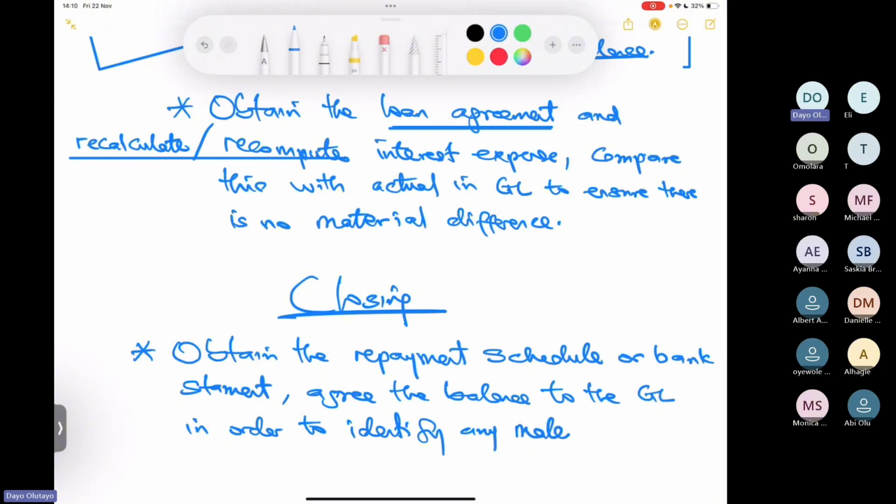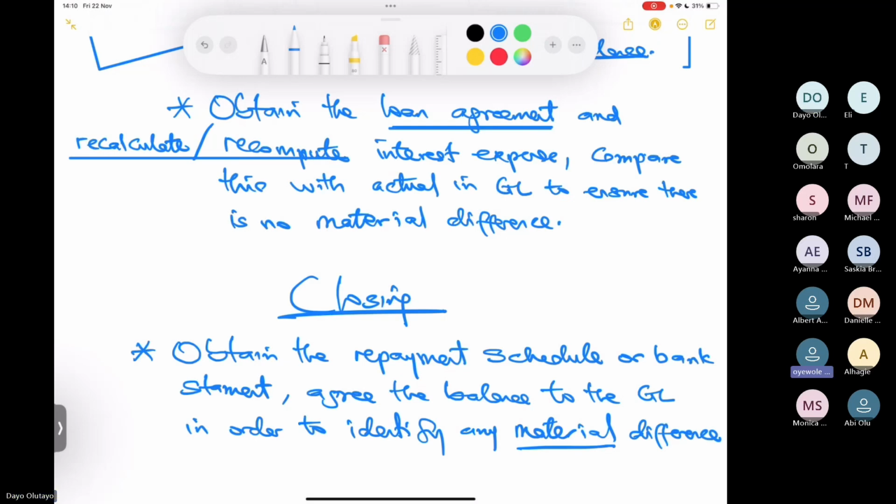I remember the way I'm writing, I'm not writing difference. I'm always putting material difference because in audit, those words are very important. A difference of $2 or $1 will not make me change my opinion. So it's not material to me. I'm not going to worry about it. So we only worry about material difference in audit. So please take note.